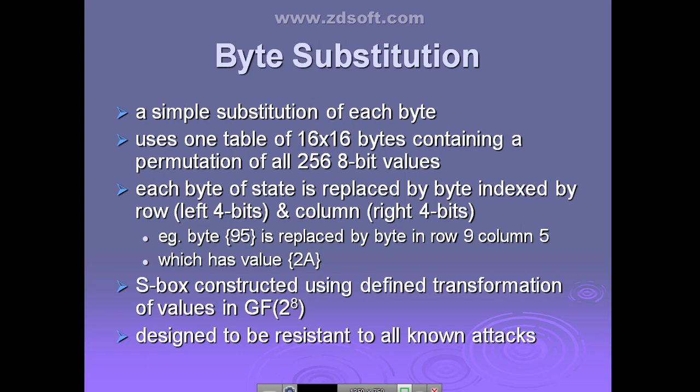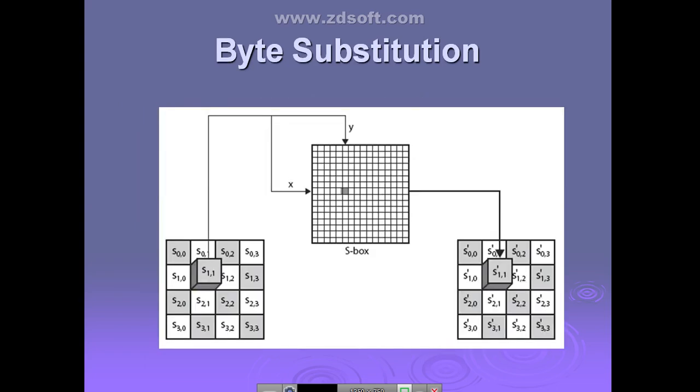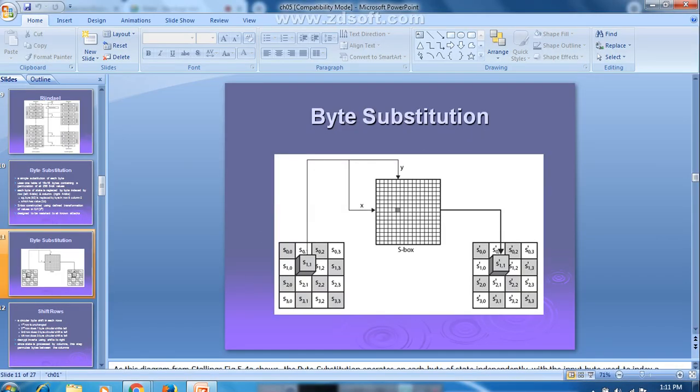Is that clear? By performing this particular operation in each round of AES, byte substitution makes it resistant to all the known attacks. Clear, guys, about the byte substitution? You can go through the diagram also and find out how exactly it can be done.